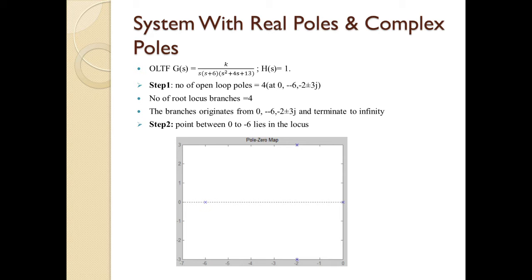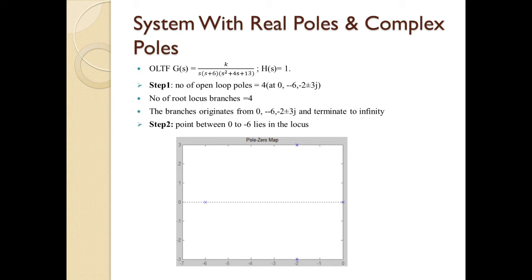To draw the root locus of the system, first we recall that the root locus is symmetrical about the real axis, and the number of branches is equal to the order of the characteristic polynomial, that means the number of poles of the open loop transfer function.